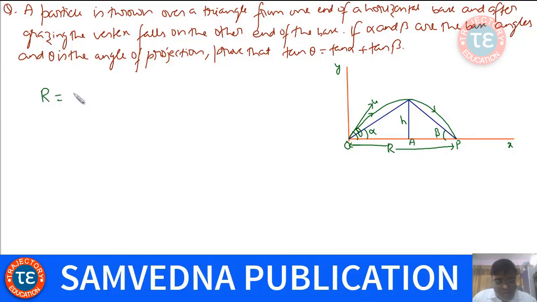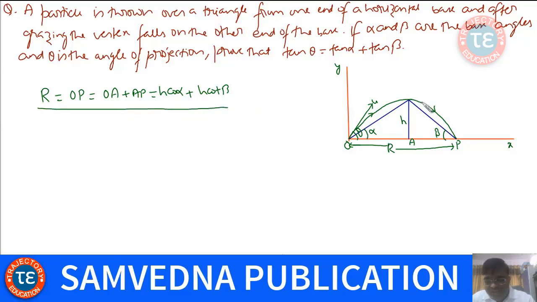OP, which will equal OA plus AP, and OA can be written as what? See this triangle, h, what we can write? h cot alpha, and AP is h cot beta.